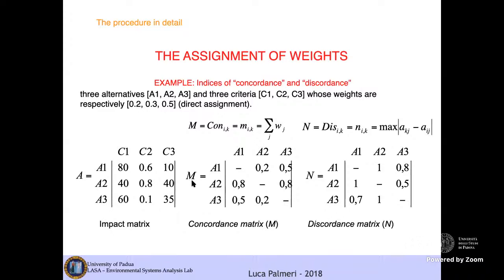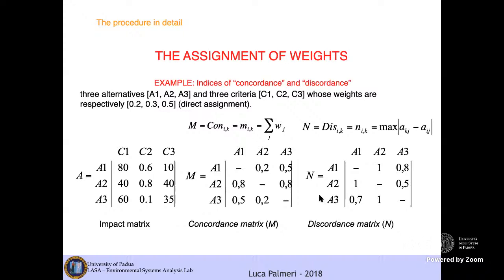Let's compare alternative 1 and alternative 3. Alternative 1 wins against alternative 3 for criteria 1, wins against alternative 3 for criteria 2, and loses against alternative 3 for criteria 3. So here you have to sum the weights of criteria 1 and criteria 2, that is 0.2 and 0.3. So the weight that you put here is 0.5.